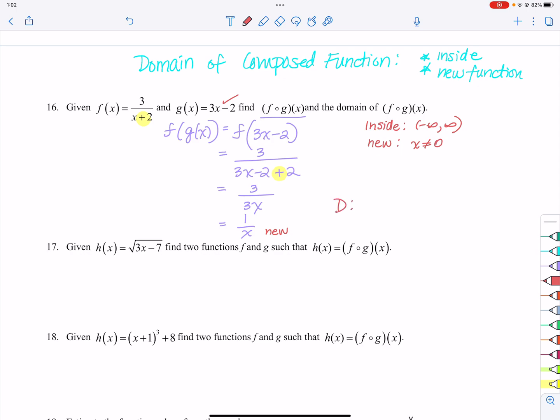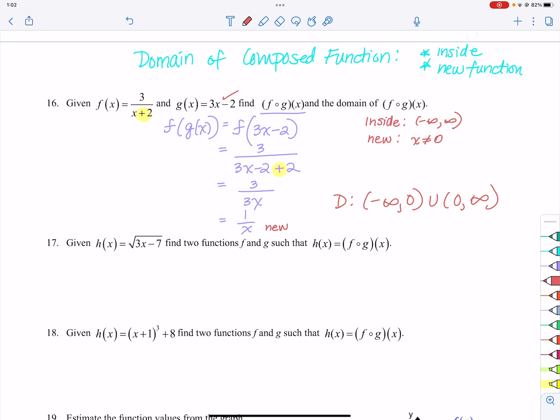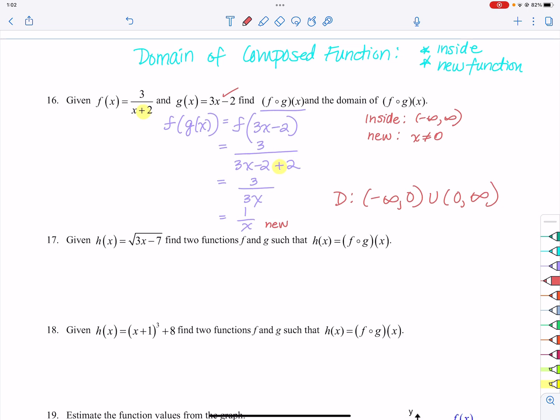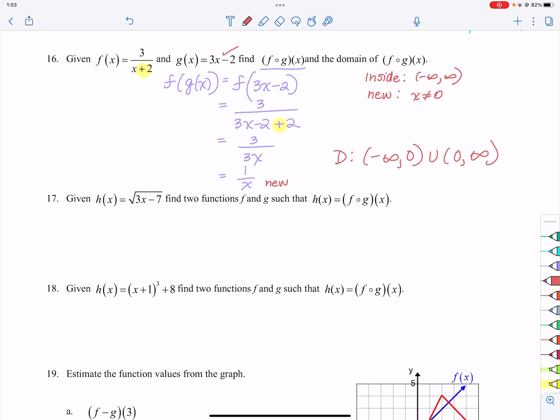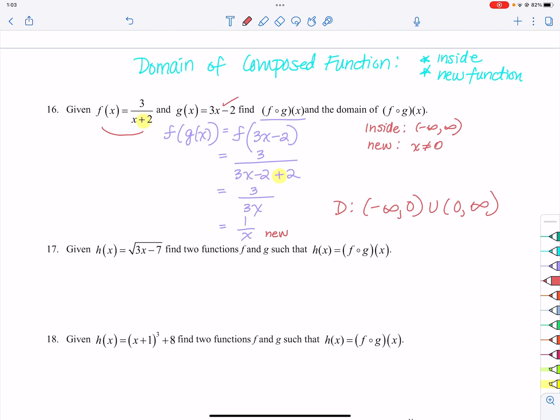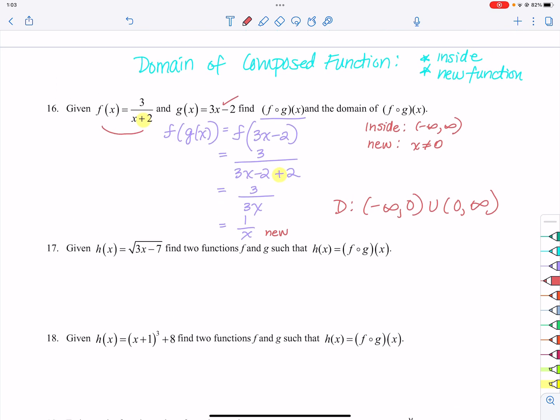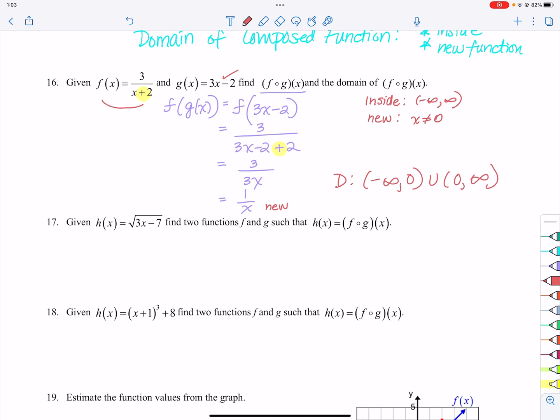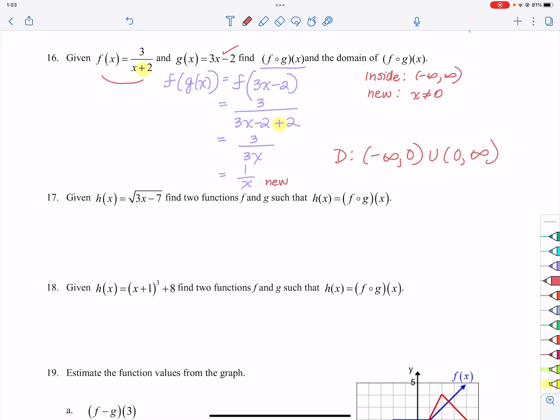So the combination of both of those is negative infinity, going all the way to 0, going on the other side of 0, all the way to infinity. Okay, so we did not have to worry about the domain of f. We did not have to worry about that because we are going to talk about the domain of the inside and the new function when we give this final domain, okay?